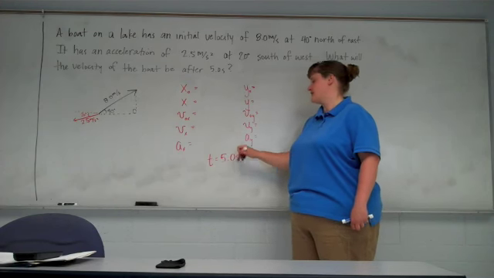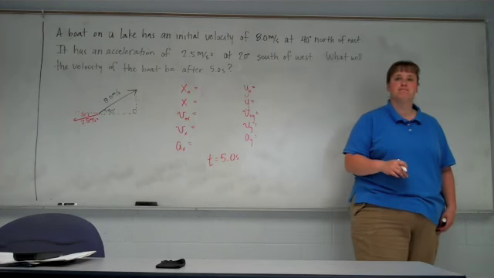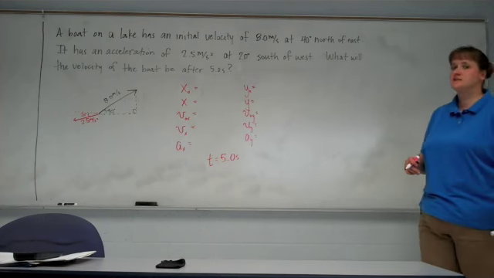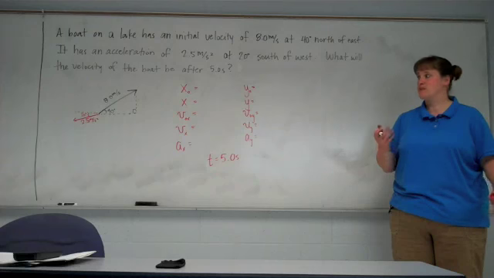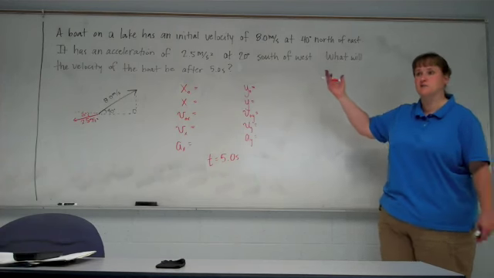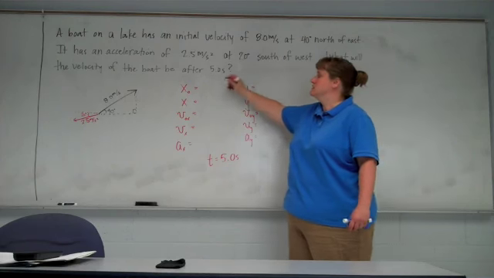We're told the time of 5 seconds. So we know time. Where would you like to put the origin? In the middle. Right where it starts, where the boat has this velocity.